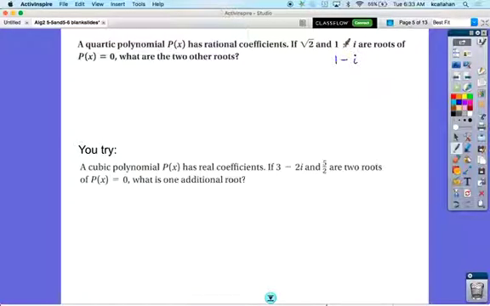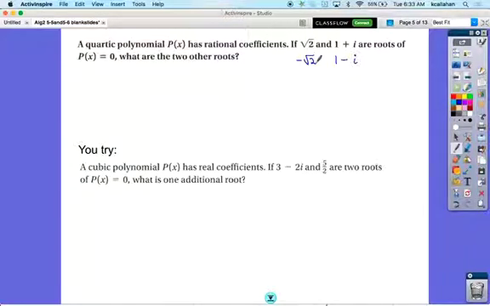Just think of this top one as plus or minus. If you just have the square root of 2, maybe you can think of that as having happened by solving by taking square roots. If you get the plus square root of 2, you must have the minus square root of 2. Right?